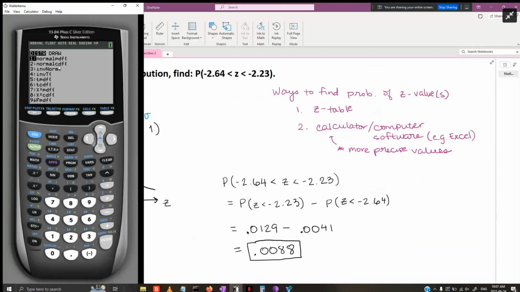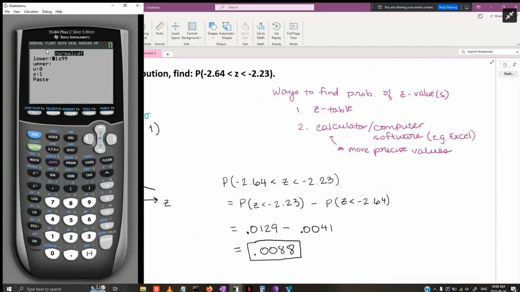It's not just at a specific value. That would be PDF. PDF stands for probability density function. CDF stands for cumulative density function. So the word cumulative is the tip off. We use it because we are dealing with a cumulative set of Z values, or if it were X values, same thing.